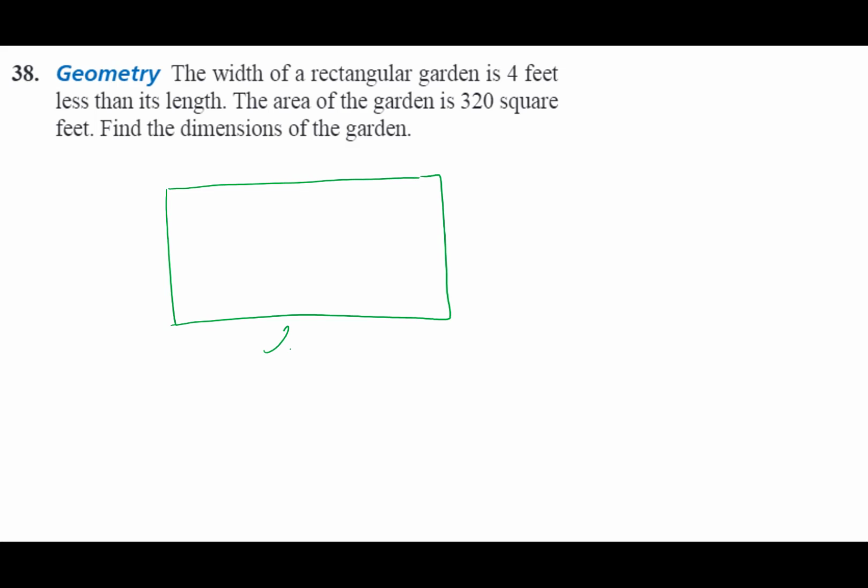So we have a length, and we know that the width is L minus 4 because it says 4 feet less than its length. And so to write that phrase out, it's L minus 4, and we know it multiplies to 320. So here's the equation we can make.